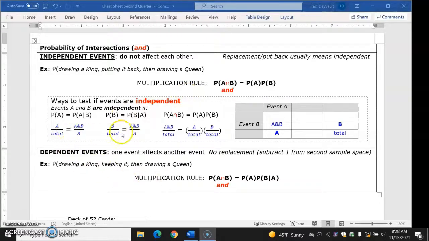And these are the ways that you could test out if events are independent: by looking at if the overall probability of two events happening together is the same as multiplying their individual probabilities together, or by looking at the probability of one event out of the total and seeing if that's equal to that same event out of a certain category.